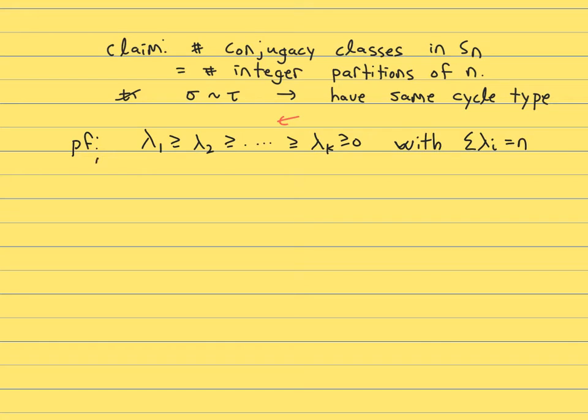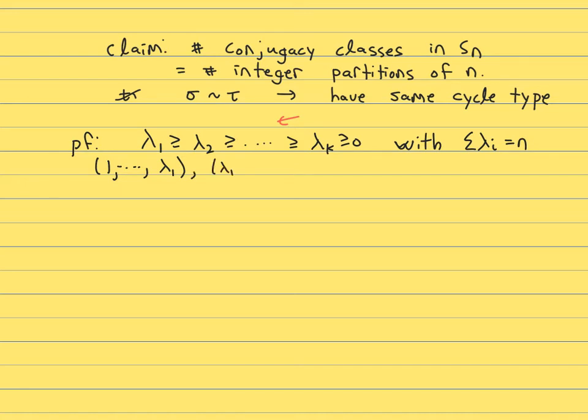Well, then the easiest thing to do to prove that there exists at least one conjugacy class is to look at the permutation (1 to lambda 1) as one cycle of length lambda 1.